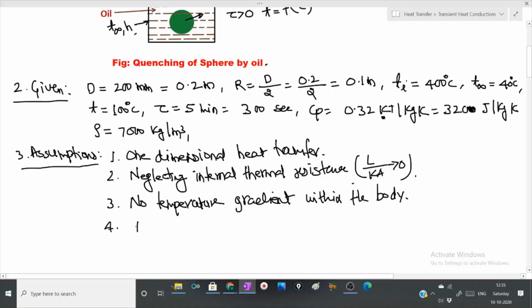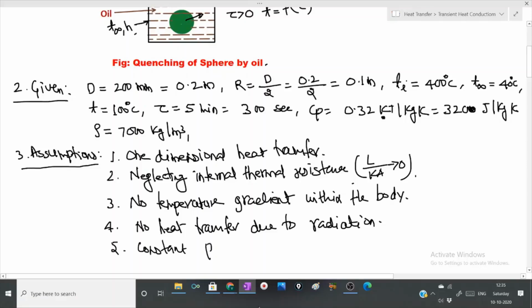Assumption number 4, no heat transfer due to radiation. Whatever heat transfer is taking place is by conduction and convection only. And assumption number 5, constant properties of sphere and oil.